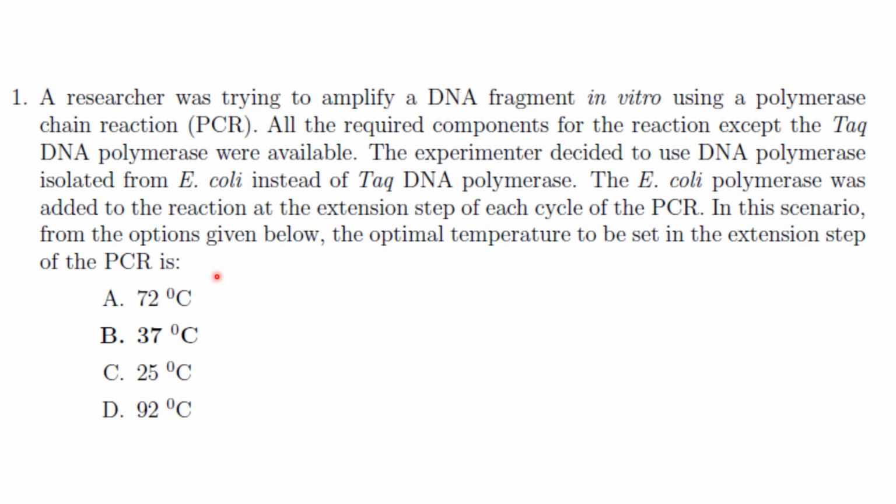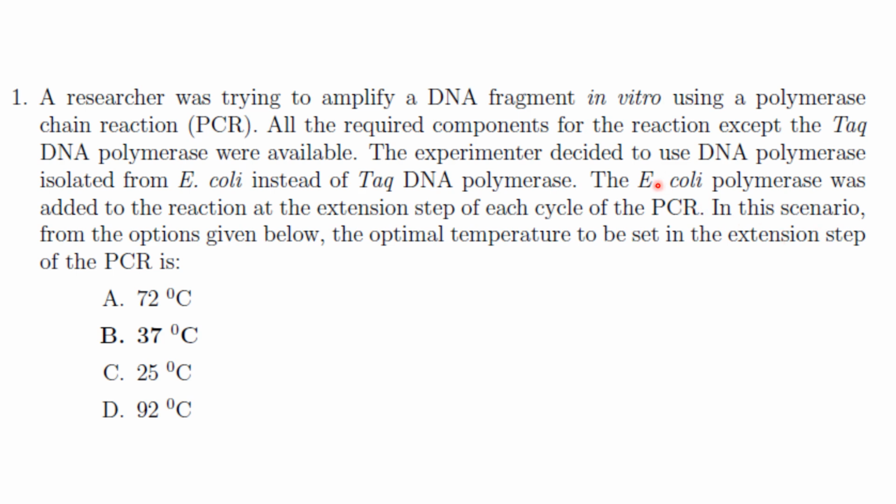at 72 degrees Celsius. So here what he has done is the E. coli polymerase was added to the reaction at the extension step of each cycle of the PCR. That is around 72 degrees. That is the extension step when you are using Taq DNA polymerase.